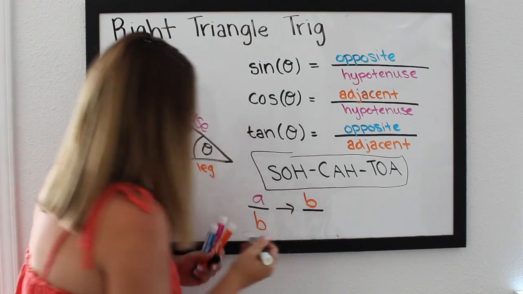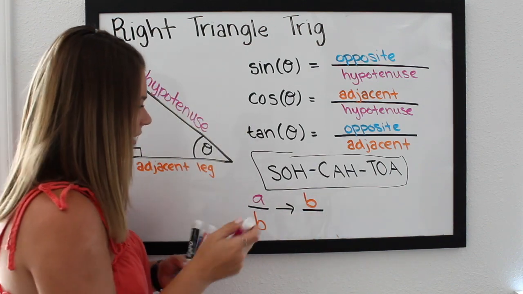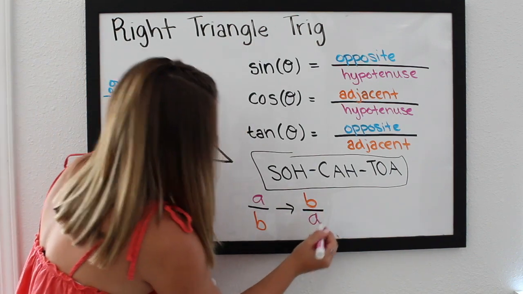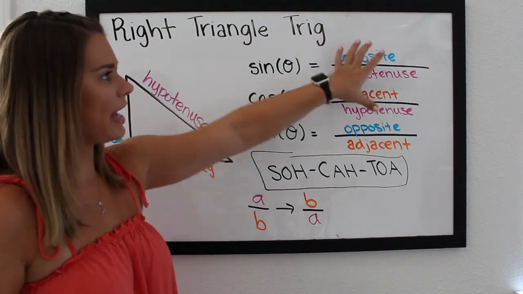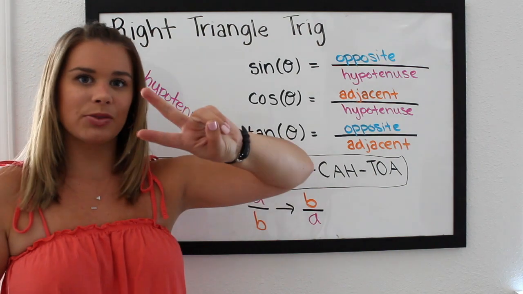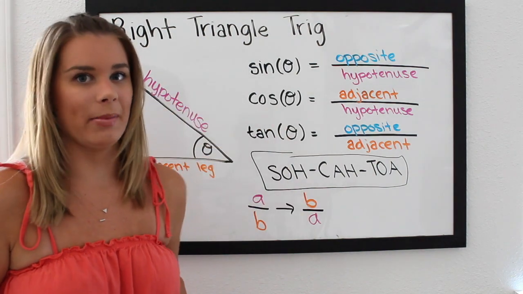So that is how we get a reciprocal. Reciprocal trig is just taking these ratios and switching the numerator and the denominator.